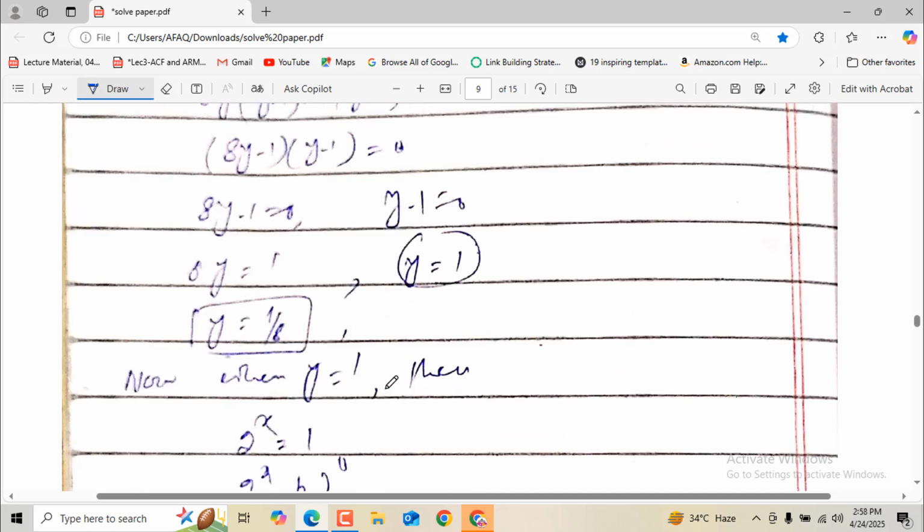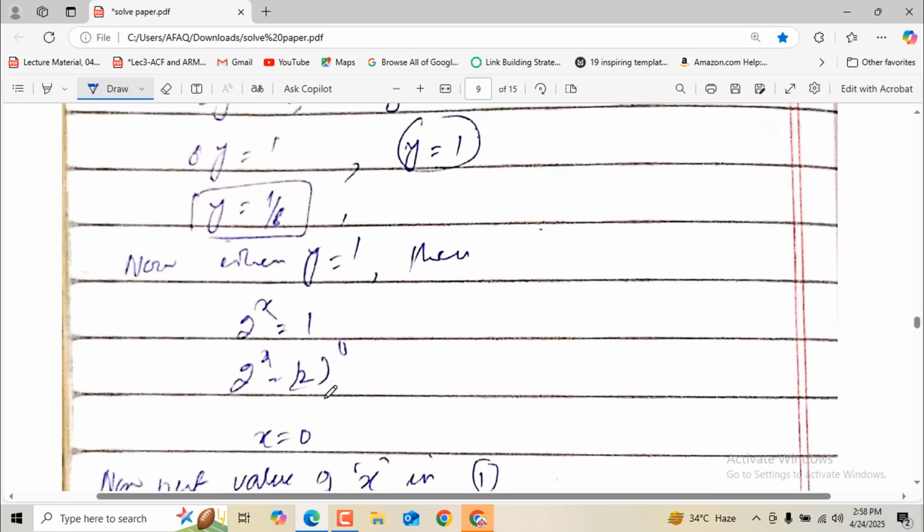Now when y is equal to 1, then 2 raised to power x is equal to 1.